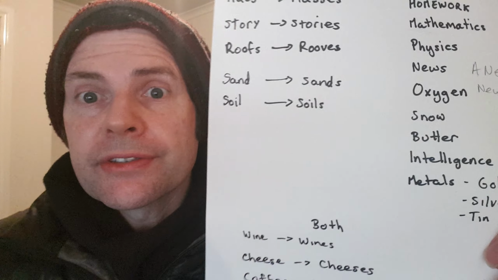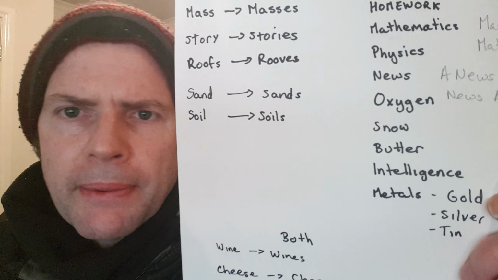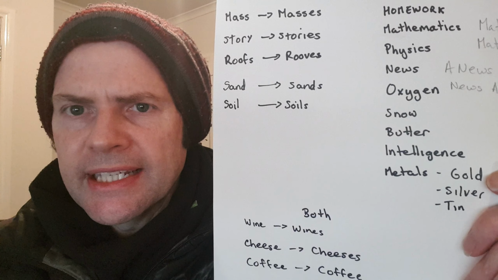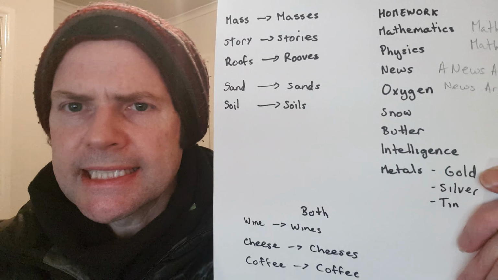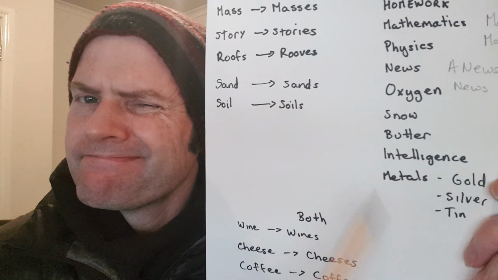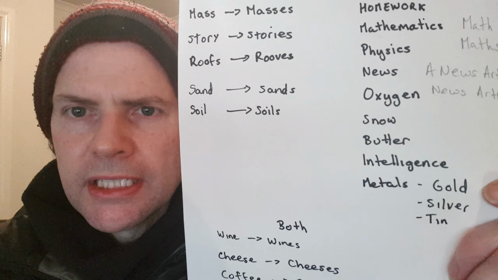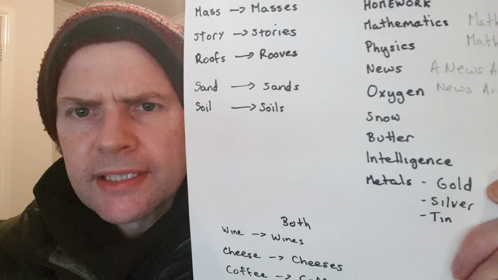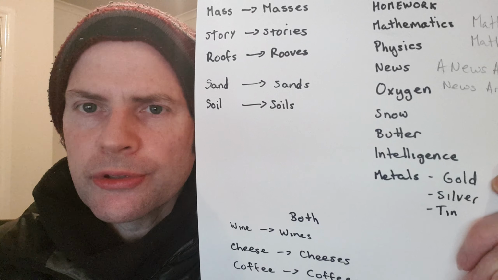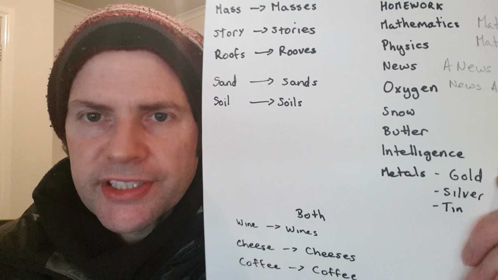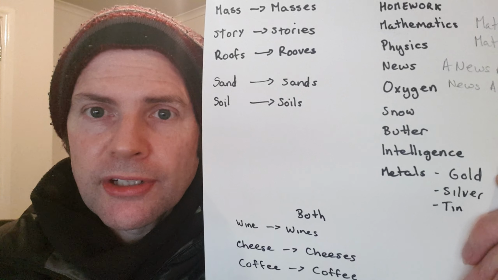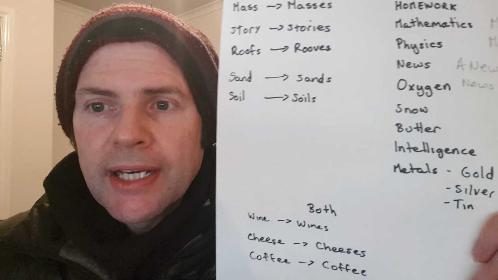If you wanted to comment on two different places that have snow, you just say the snow at this place and that place. Butter, we don't pluralize that, we don't say butters. So if you have one tub of butter, or two tubs of butter, we pluralize the containers.